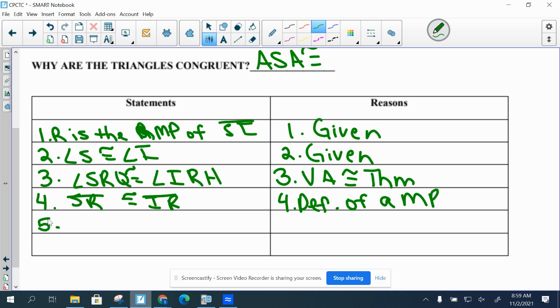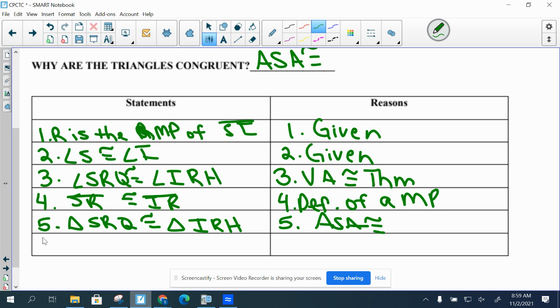And now that we've proved those things that we marked in the diagram, we can say that the triangles are congruent by ASA. So we can say triangle SRQ is congruent to triangle IRH, just using how we put it in step 3. There are many different ways to write the triangles, and that's ASA.